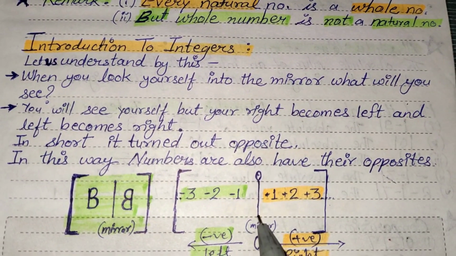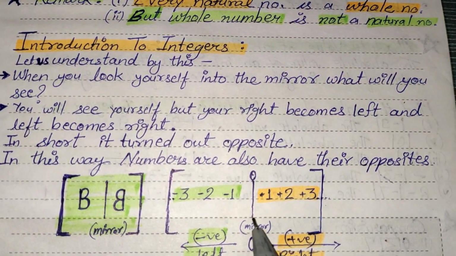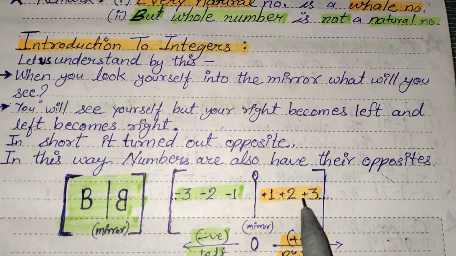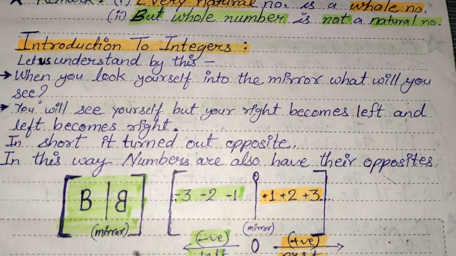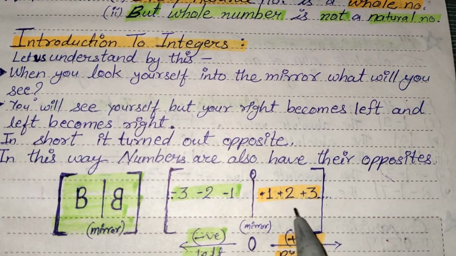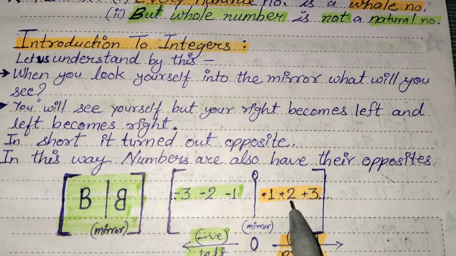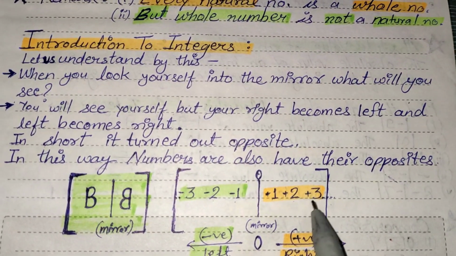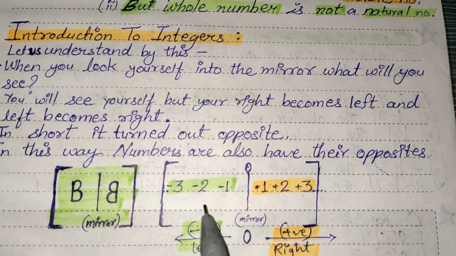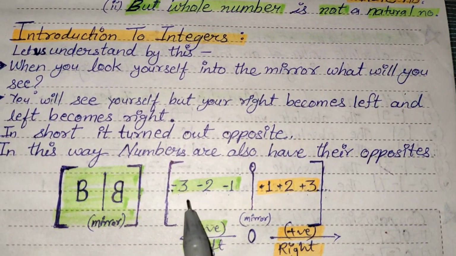So this line represents the mirror. On the right side of the mirror are all positive numbers, that is +1, +2, +3. Just like this, these positive numbers have their opposites: +1 has -1, +2 has -2, +3 has -3. It means on the left of the mirror all are negative.